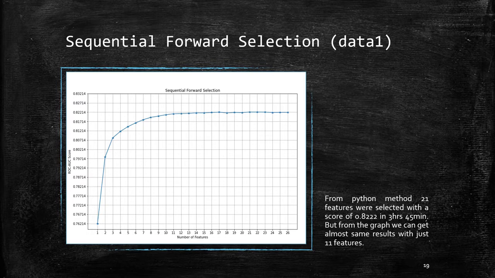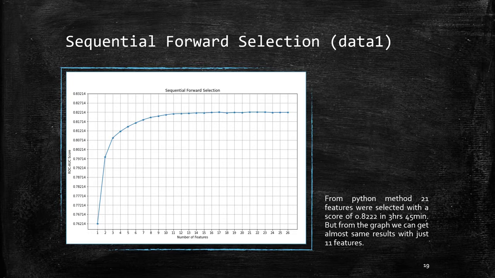Next, coming to the individual process plots. We have plotted the individual graphs for every method that we have chosen for both the datasets. So basically what we derived from these graphs is that since these outputs that we get are from Python methods, we need not entirely rely upon those methods, because from the graph we can see that with even a smaller number of features we could achieve almost the same performance, because the method would take even a slight change, even in decimals, to give the best score.